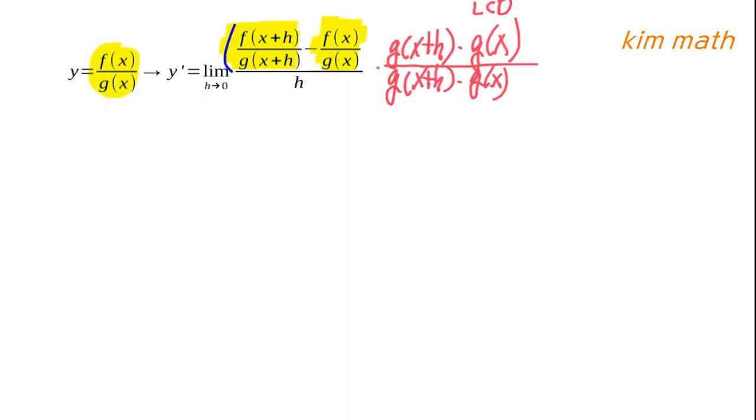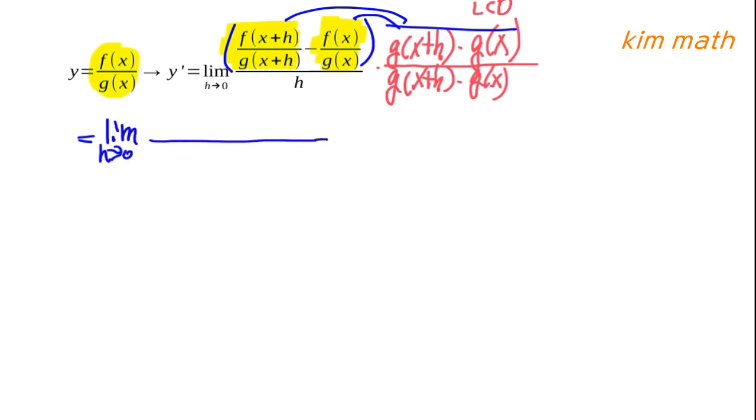Now, when you multiply this one to here, from the first one, note that g of x plus h will be cancelled out, right? So you have only f of x plus h times g of x.